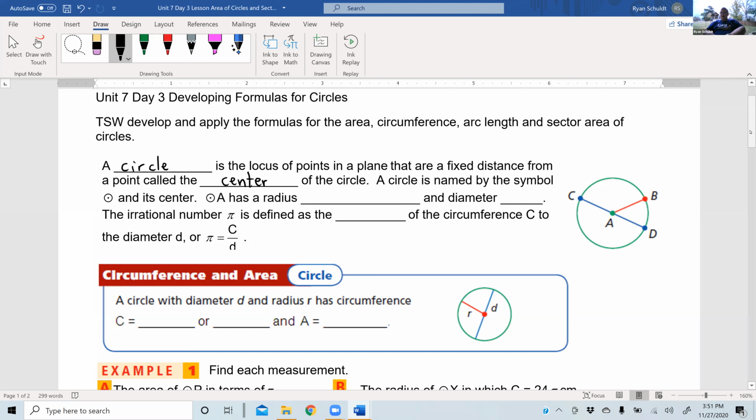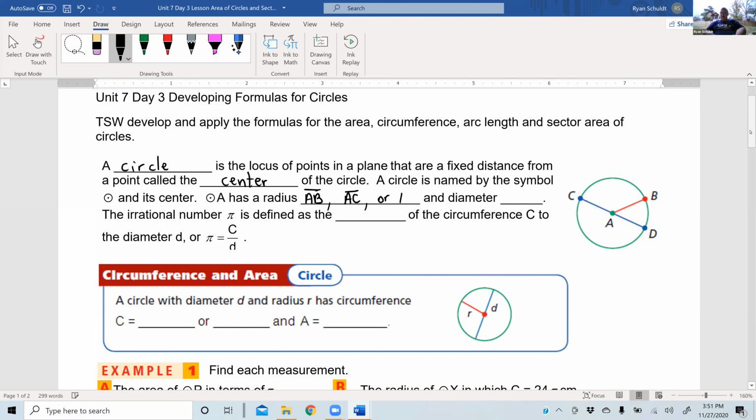the circle over here, has a radius. Well, if we look at all these segments here, a radius is anything that starts in the middle and goes to the edge. So we could say AB is a radius. You could also say AC is your radius.